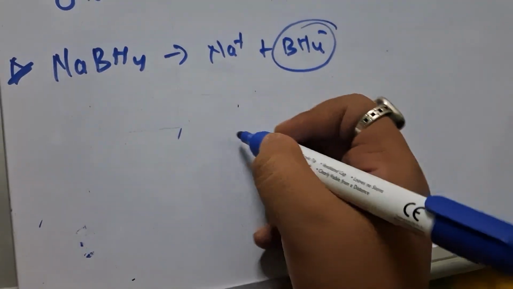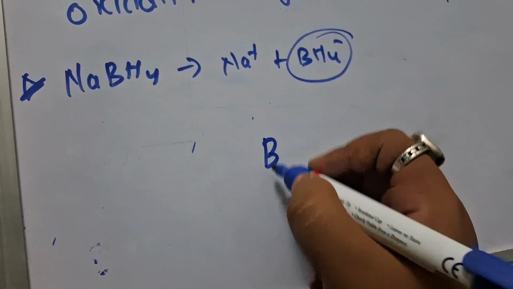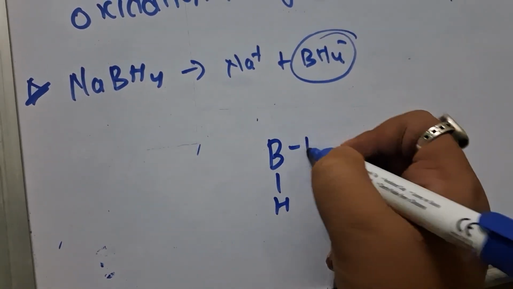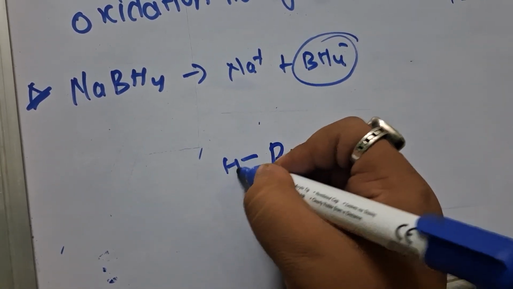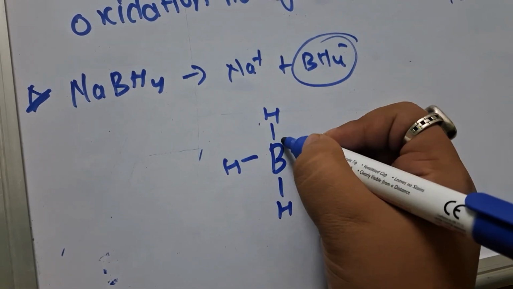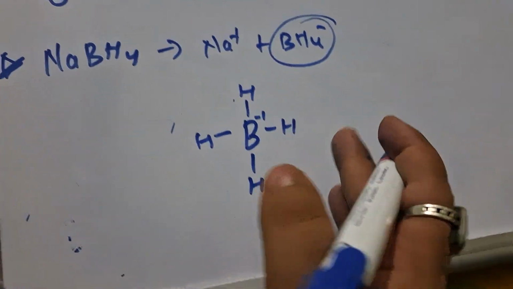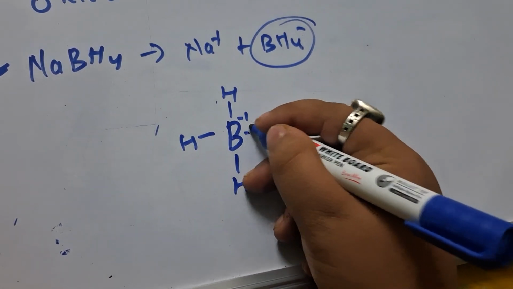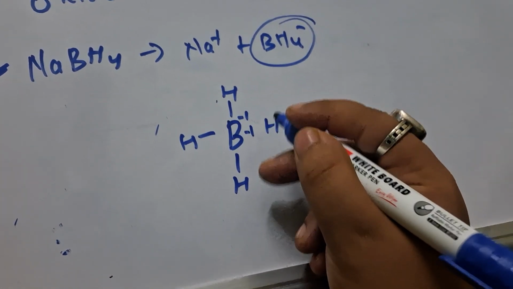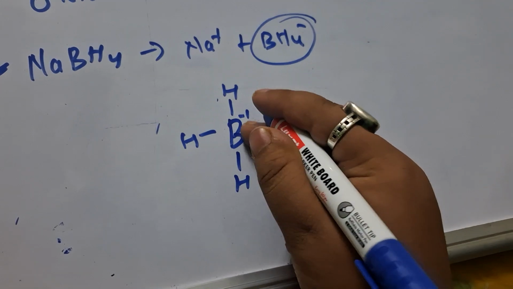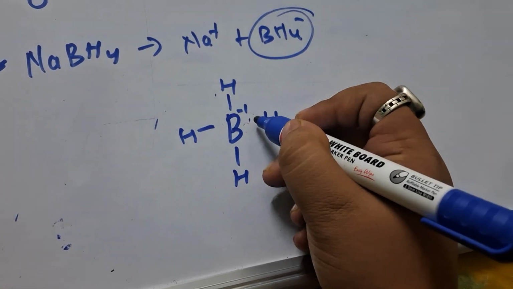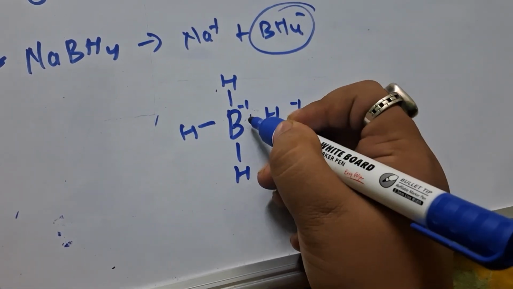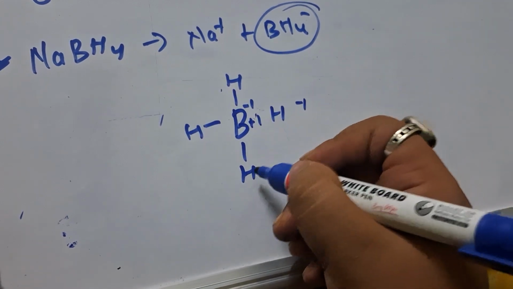So this is B H H H H, and there is a -1 already here. Boron is less electronegative than hydrogen. So when you break this bond, a -1 will come here and a +1 will come here.